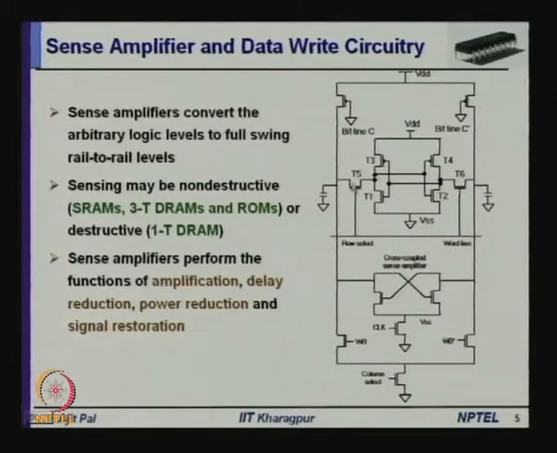When this line is 1, this will make T2 on, because this is high. This in turn means the output will be 0, and this will make T3 on. As a consequence, 1 will be written here, T3 on means this will be 1 and this is 0. So, this is how writing will take place.